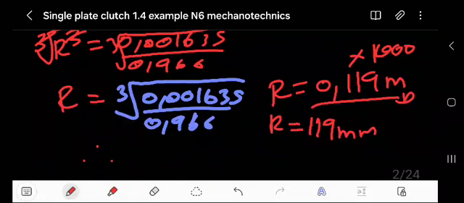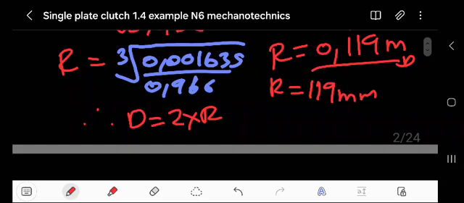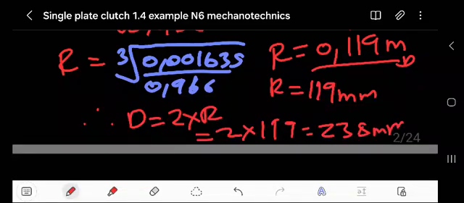Then the outer diameter will be 2 multiplied by r, which is 2 multiplied by 0.119. This simply equals 238 millimeter. So we have 238 millimeter.